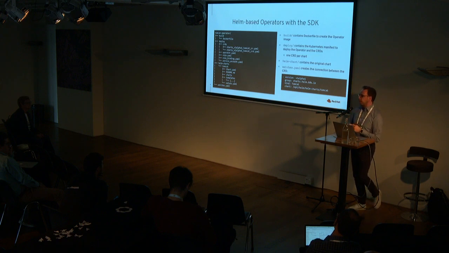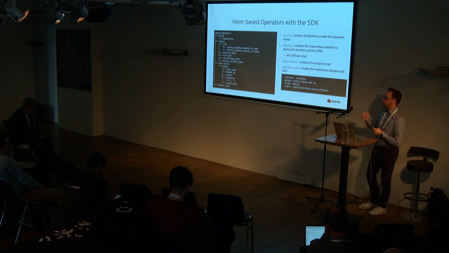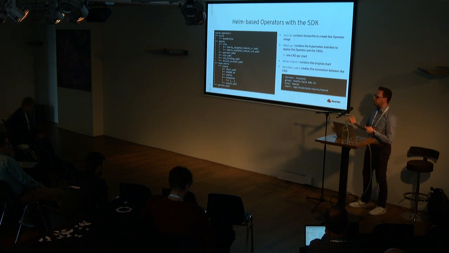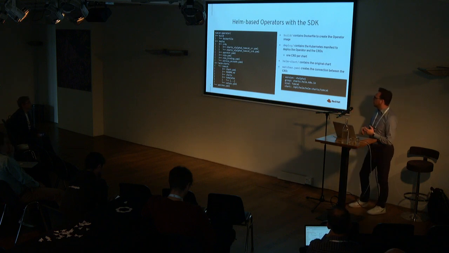And the SDK helps you by scaffolding that to an 80% solution by looking at your chart. It will look at the objects that are part of your chart and create the required RBAC for that. It will also automatically create the required RBAC to watch CRDs, not create CRDs. And that is usually fine for 90% of the charts, right?